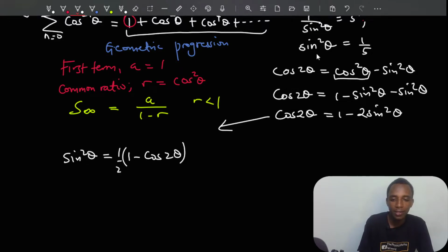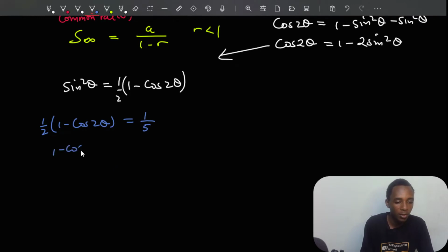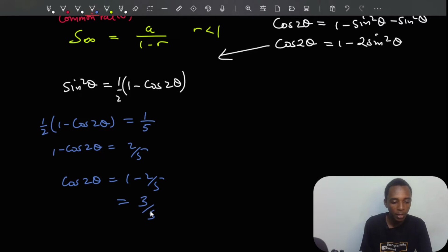So 1/2 of 1 minus cos 2 theta equals 1 over 5. I multiply both sides by 2, so 1 minus cosine of 2 theta is 2 over 5. And then cosine of 2 theta is 1 minus 2 over 5, which is 3 over 5.